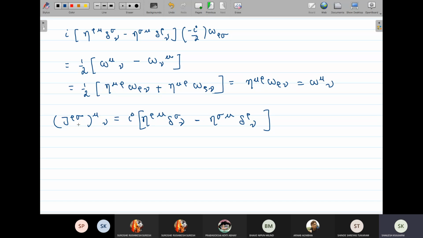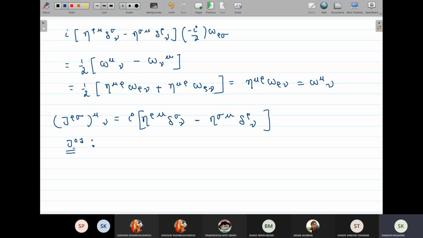Is it clear? In particular, let us see what happens to J01. If we know all these entries, we can form the 4x4 matrix. Okay, so let us concentrate on J01.